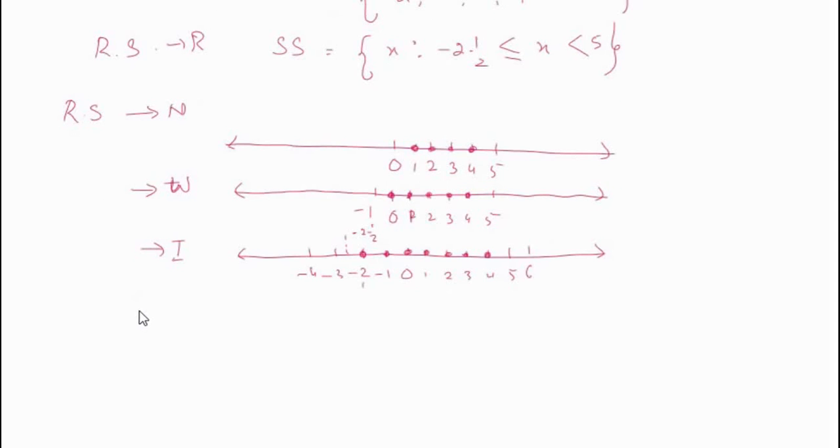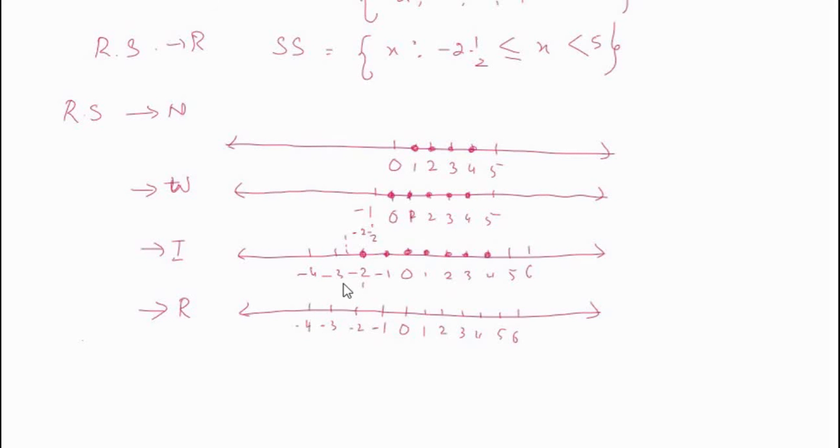Now let us take the replacement set as real numbers. Let us draw the number line. 0, 1, 2, 3, 4, 5, 6. To the left of 0, minus 1, minus 2, minus 3, minus 4.